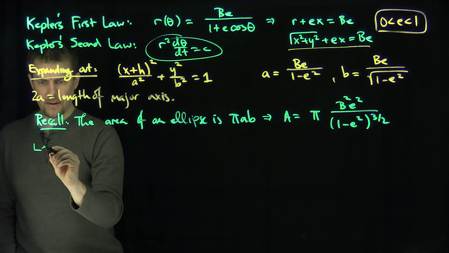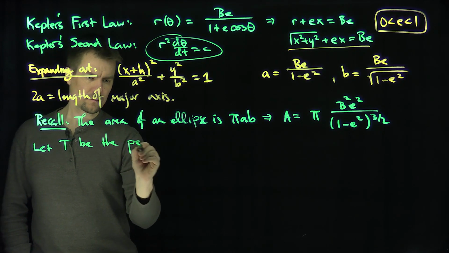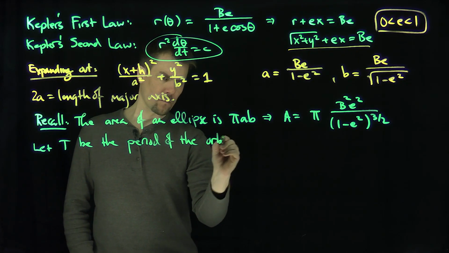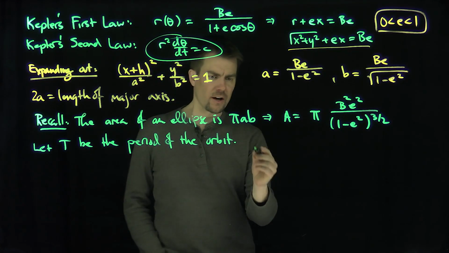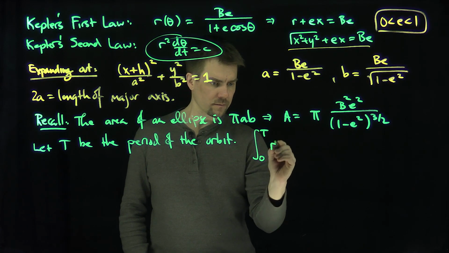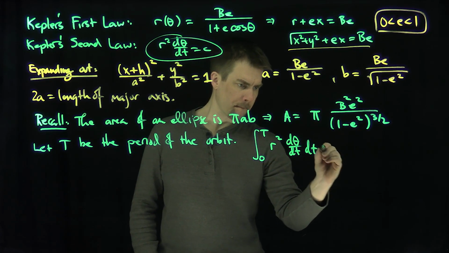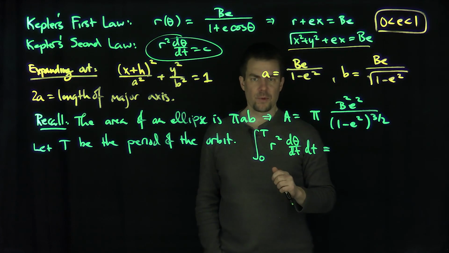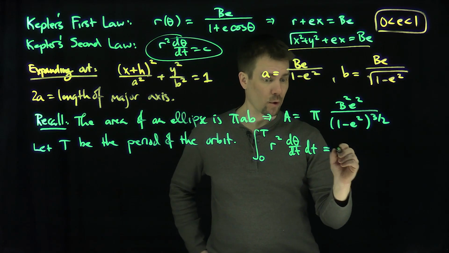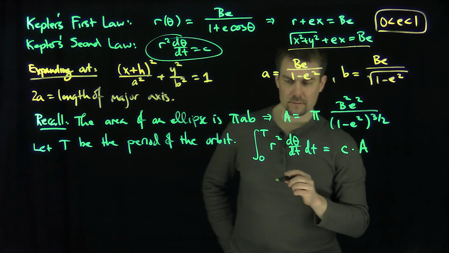So let T be the period of the orbit. Then if I integrate from 0 to T of r squared d theta dt, that's going to give me just the area inside, from the constant c, c times the area.